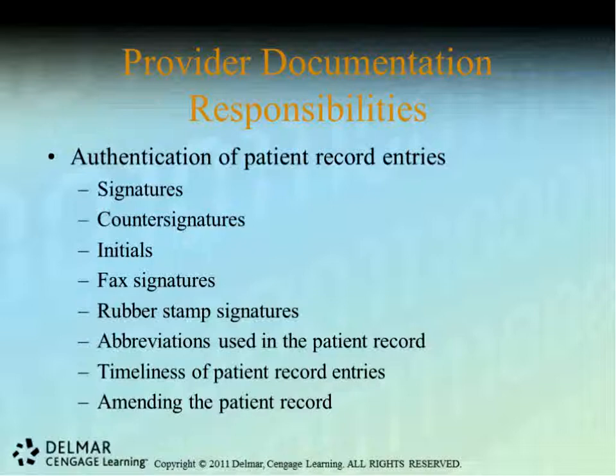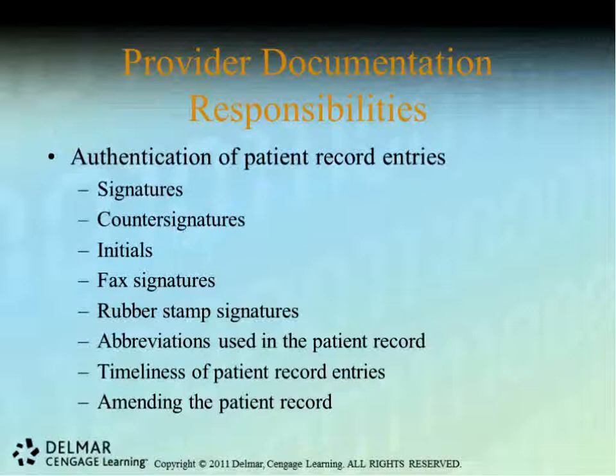You still can't totally get rid of the original, even when you make changes. One thing about your electronic record is that they use what we call audit trails, so they are able to see all the transactions or activities that are being done in that record, and that's something the paper record is not able to do. So that's one way you can control that type of situation.